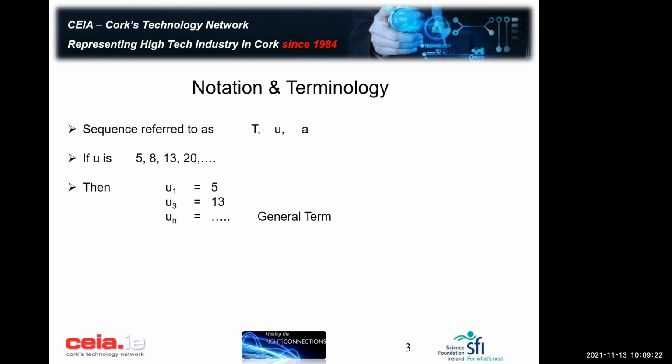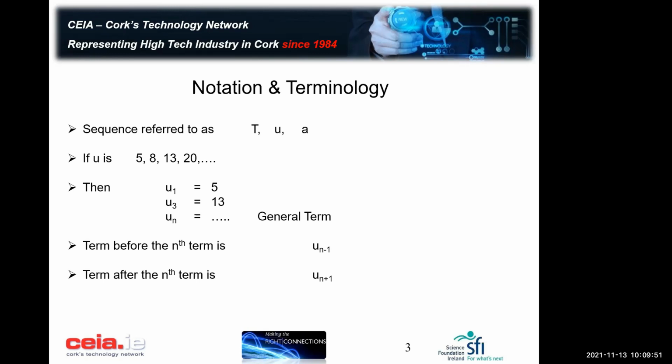But UN is classed as what we call the general term. It means that for any term, we don't know what N is. So in a lot of the questions, you will be trying to solve for N. In other words, they might say to you, what term in the sequence will give you 15 dots? So in other words, solve for N. That's what's called the general term. Now the term before the N term, of course, would be U of N minus 1.